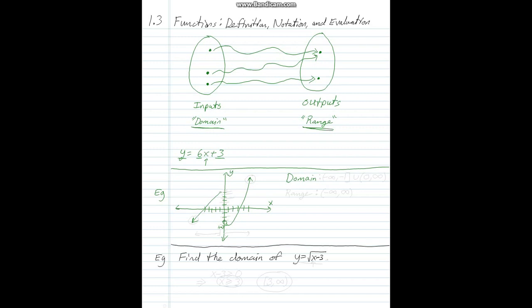Our function exists everywhere to the right of the y-axis, and everywhere up to and including -1 along the x-axis. So the shadow of our function, if we were to shine a light straight down or straight up, the shadow cast on the x-axis tells us the domain of this function.